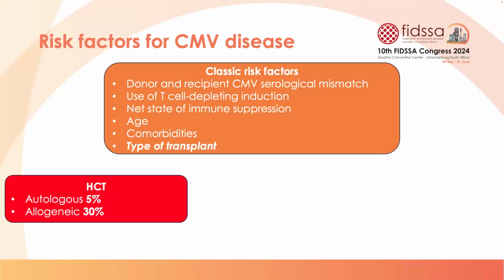If we look at hematopoietic cell transplant, these rates are for people who do not receive any prophylaxis. This is what would happen if someone was transplanted and then not either monitored or given prophylaxis. So with autologous transplant, about 5% of patients would develop CMV disease, but allogeneic, because higher levels of immune suppression are required, about 30%.